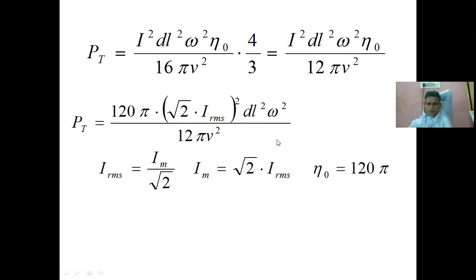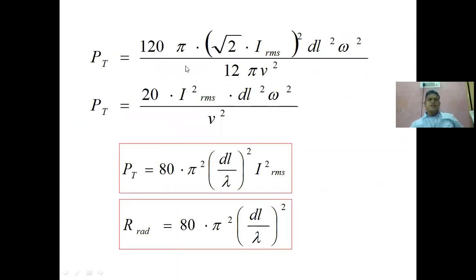Now do this calculation. 12 ones are 12, 12 tens are 120, and root 2 square means 2, so we get 20 pi. This pi and this pi will get cancelled. Therefore, 20 times I square RMS DL square into omega square divided by V square.